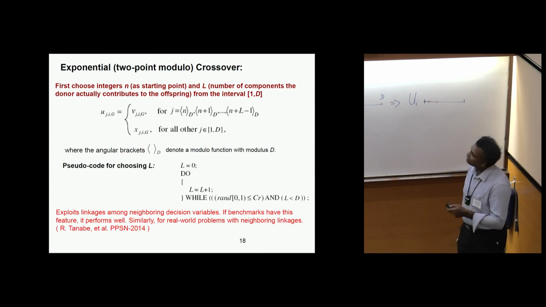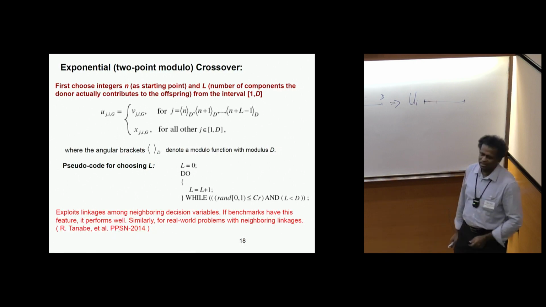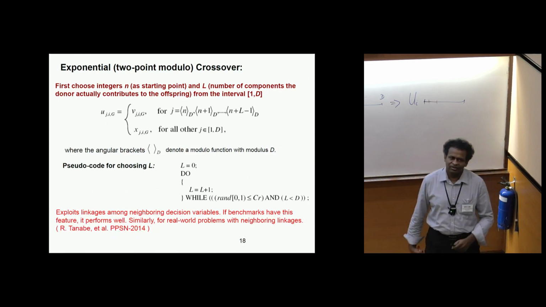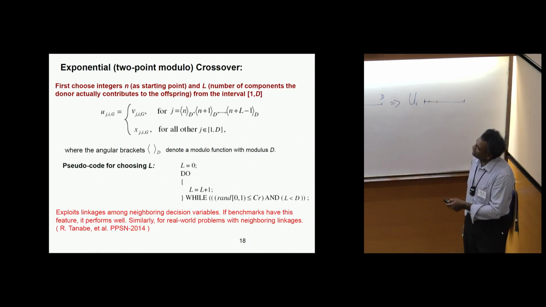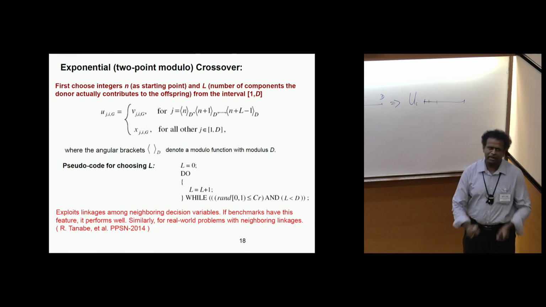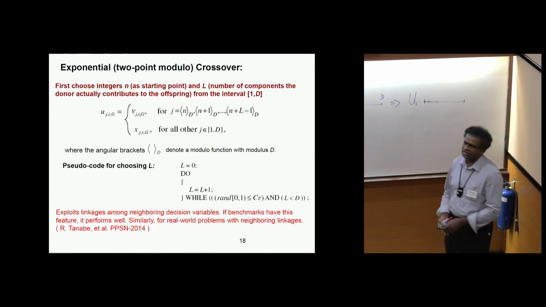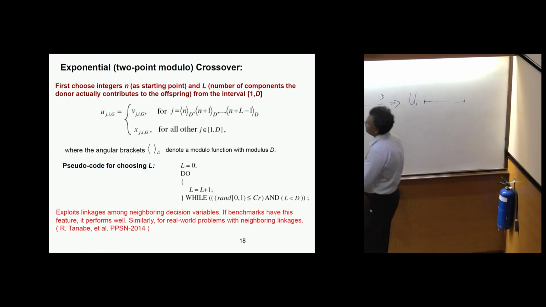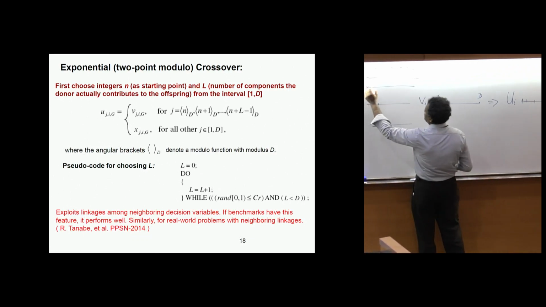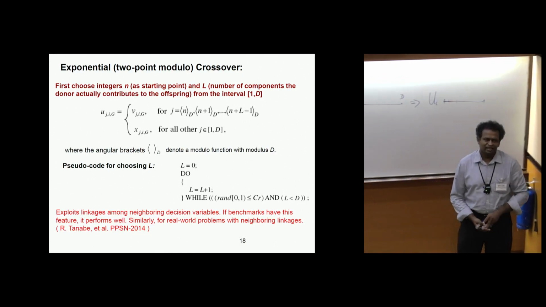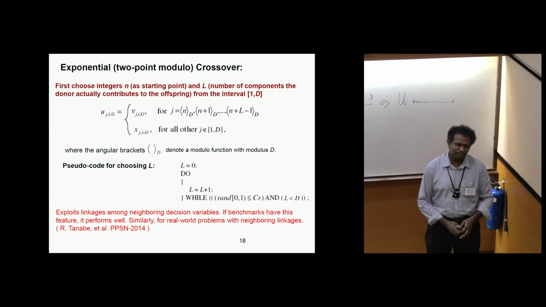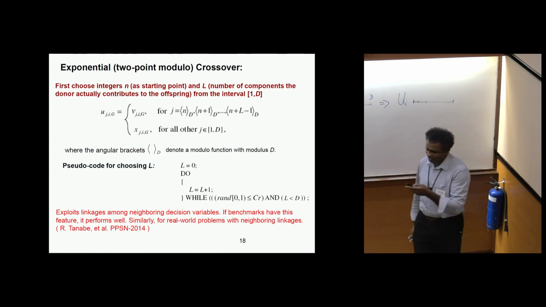Because of that, this particular crossover method is not commonly used, so you can usually ignore it. It is very rare to have linkages between neighboring decision variables. Linkage means that the first element is connected with the second, which is connected with the third, and so on. The decision variables are linked together in a sequential way. That kind of situation you won't see in real life.